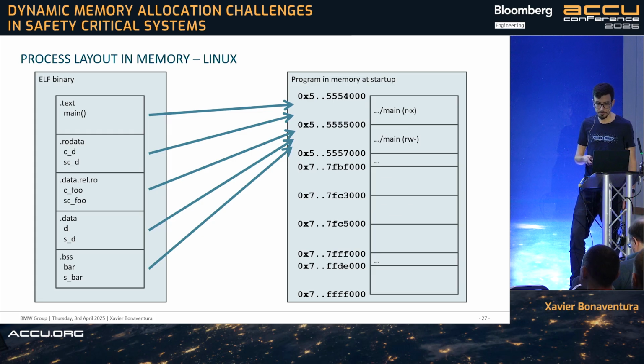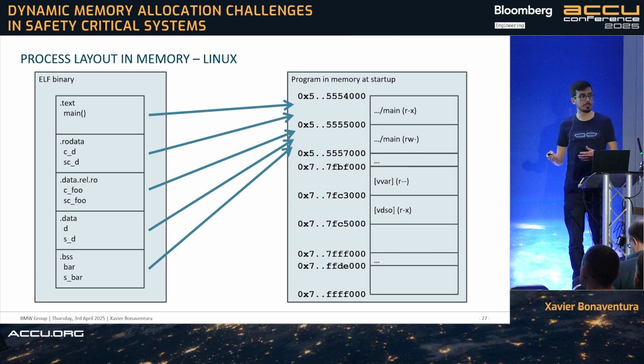But then additionally, here we start seeing some new things appearing on memory. It's not only what you were putting in the binary, more things start appearing. You have this VVAR and VDSO. These are special sections to deal with the operating system. We will not go into detail today.